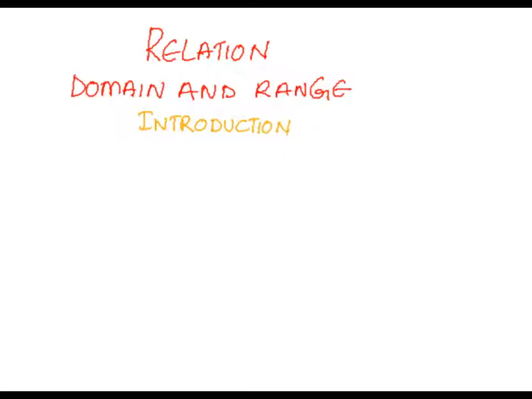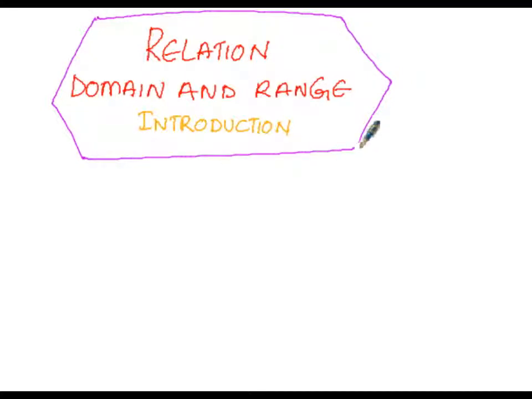Then now, see here, generally in our daily life we come across relations such as Ravi is the brother of Gopi, and X is greater than Y, or A is equal to B. In all these relations we use one formula.